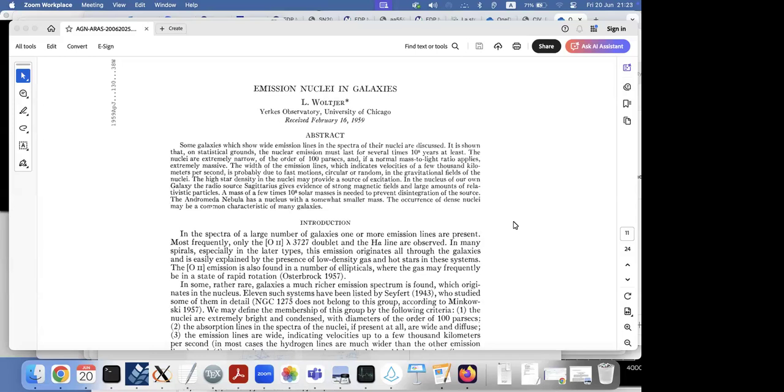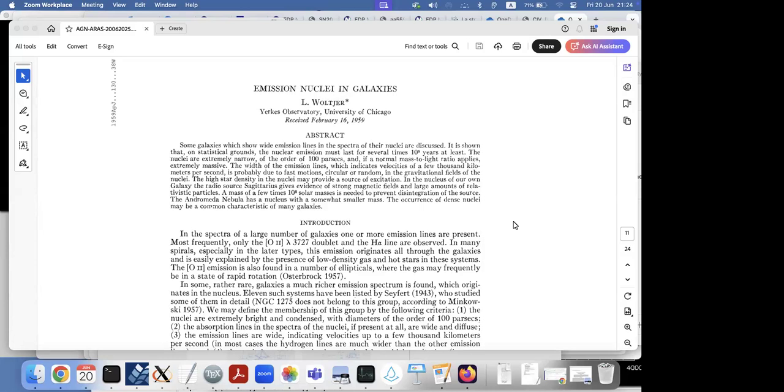And what was more to the point, by this point, there was a distance scale. So it was possible to say that these galaxies weren't simply point-like, that you knew what 1 arc second corresponded to at a distance of NGC 4151 or any of these others. And that's the part that's so important in Vulture's statement, that what he says in the abstract is a mass of a few times 10 to the 8th solar masses is needed to prevent the disintegration of the source.